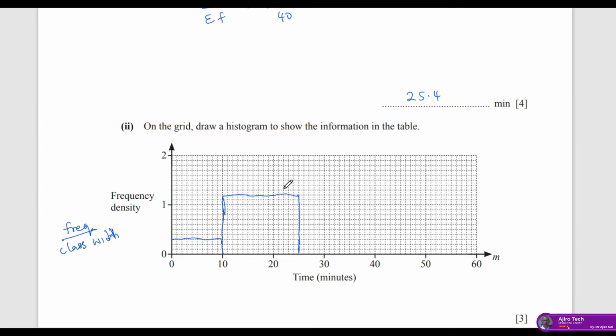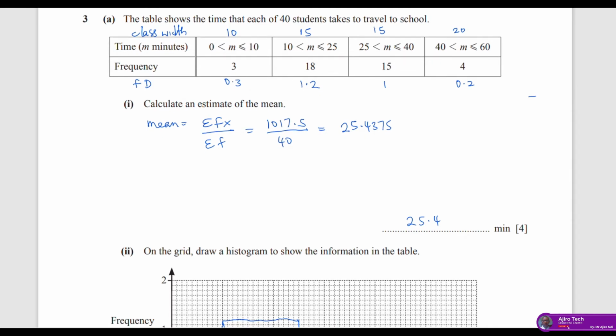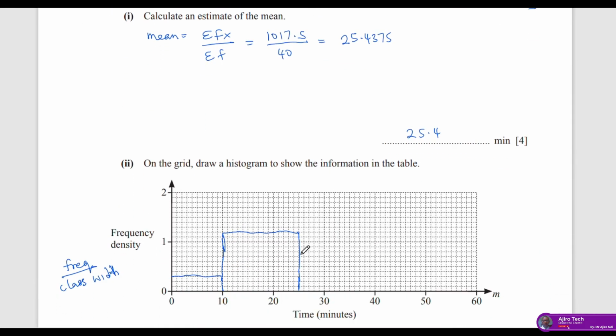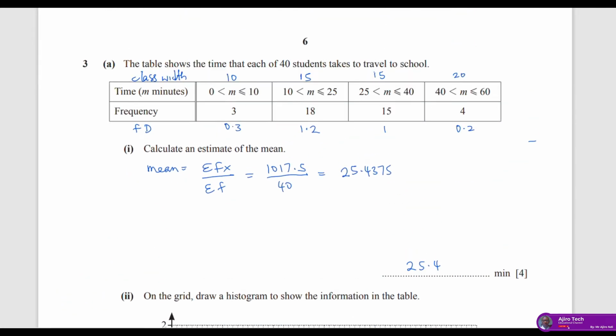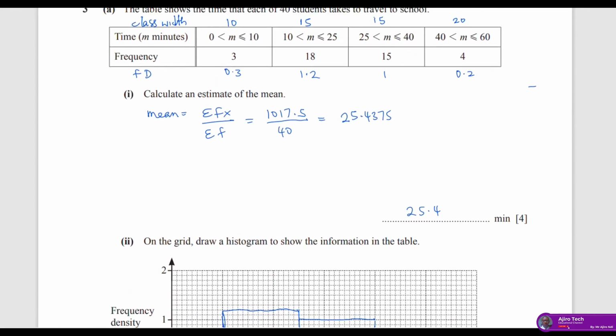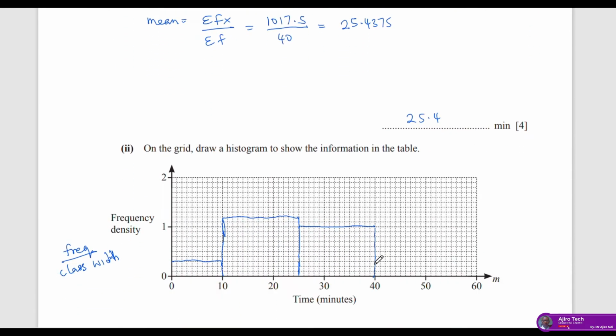The next one, 25 to 40, should be 1. This is 1. Then 40 to 60 should be 0.2. This is my histogram.